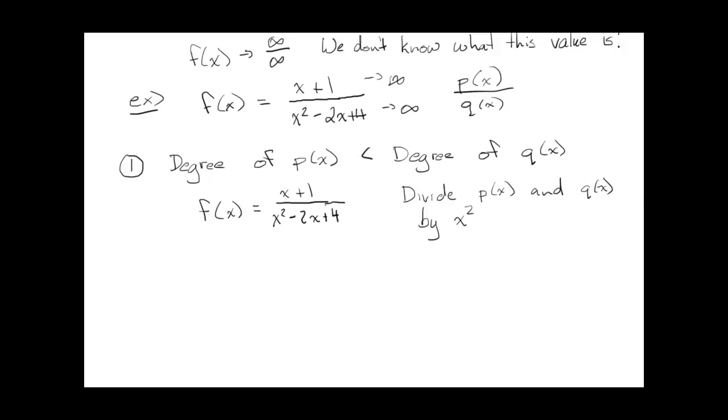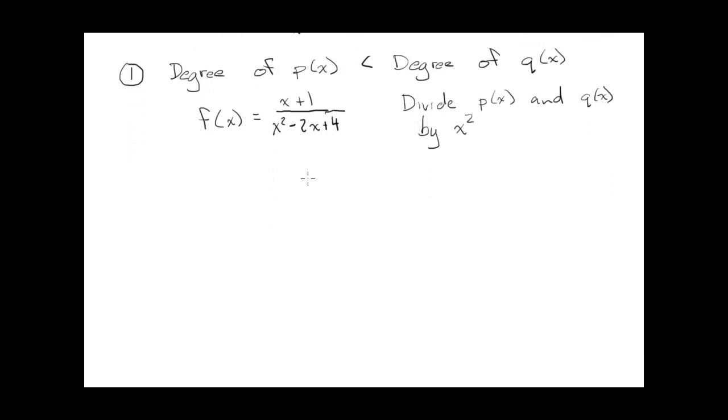If you divide the top and the bottom of a fraction by the same value, you're not changing the value of the fraction. So I'm going to take x + 1 and divide each term by x², and then take the bottom and divide each term by x². I haven't changed the value of this fraction.